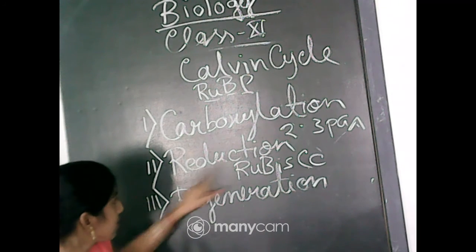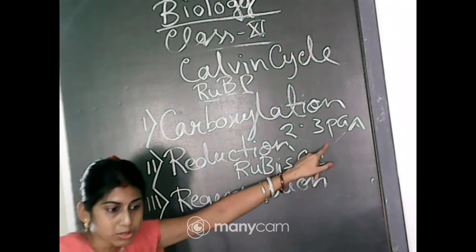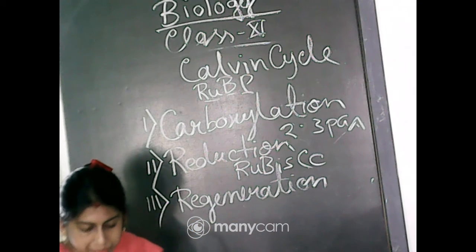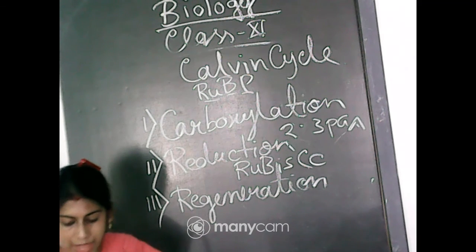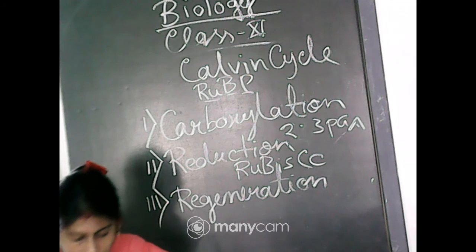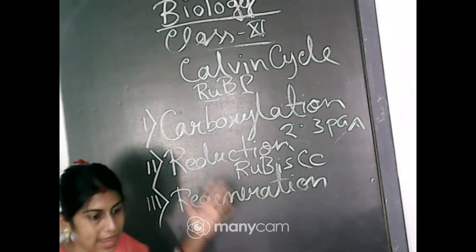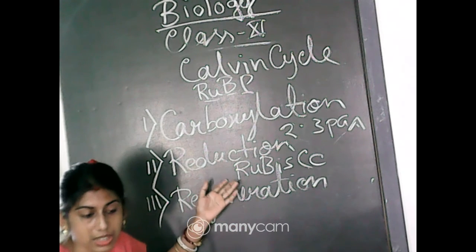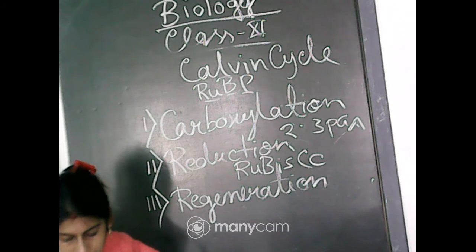The next step is reduction. First, two molecules of 3-PGA have been formed, and in the reduction phase a series of reactions occurs, and ultimately glucose or carbohydrate is formed.